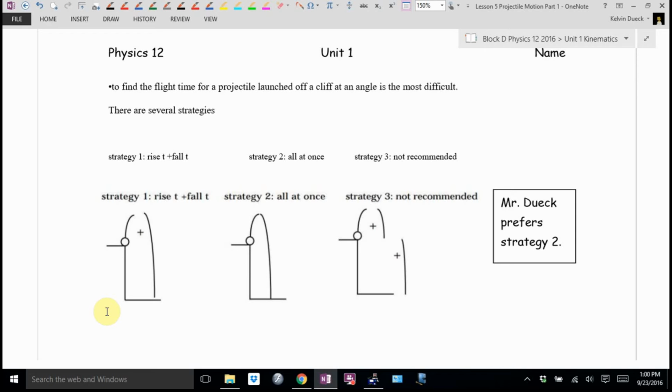There are several strategies. Method 1. You could find time to top, Vy final will be 0. Then let Vy initial be 0 right here and find time to bottom. Not wild about that. Strategy 2. You can do it all at once.